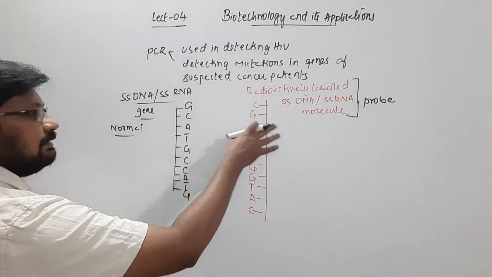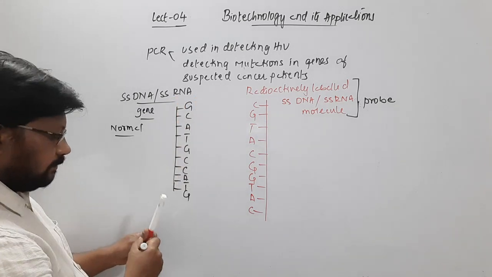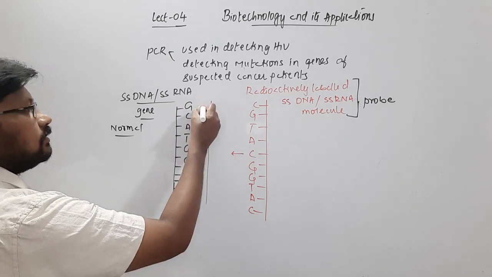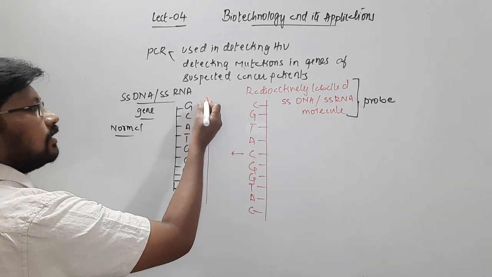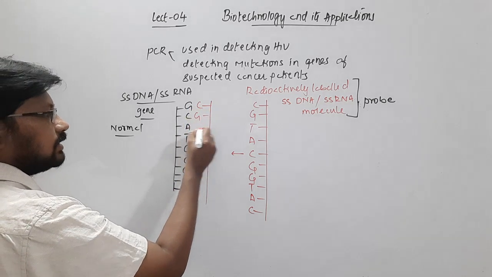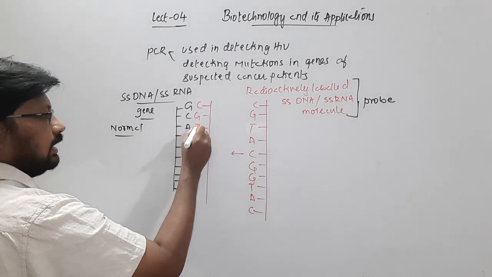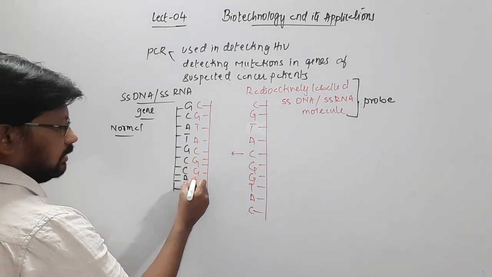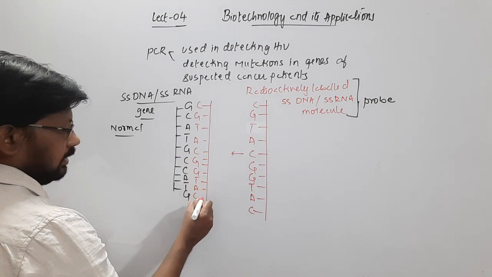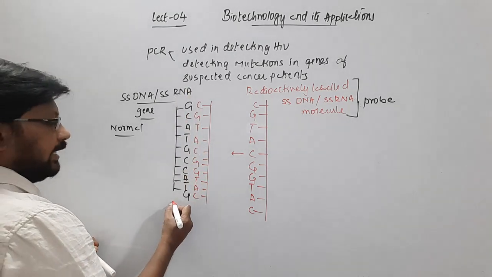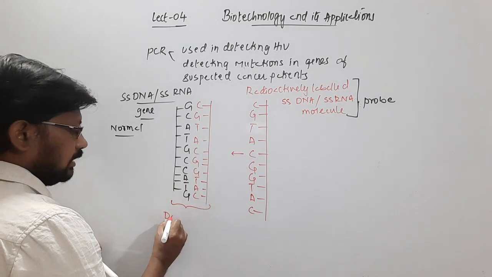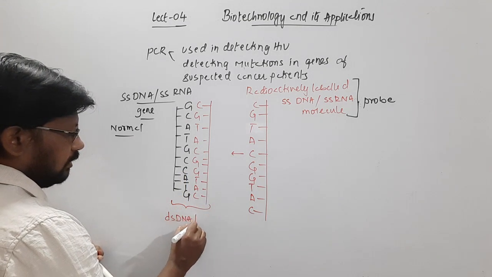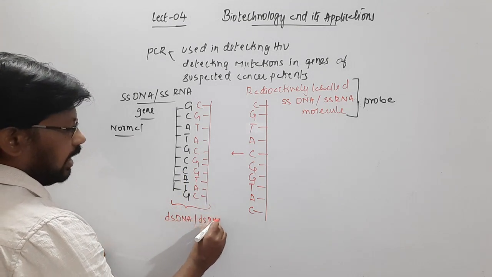If it is the case, then the probe will bind here, to this T A C G G T A C. So it will bind and result in the formation of double-stranded DNA or double-stranded RNA.